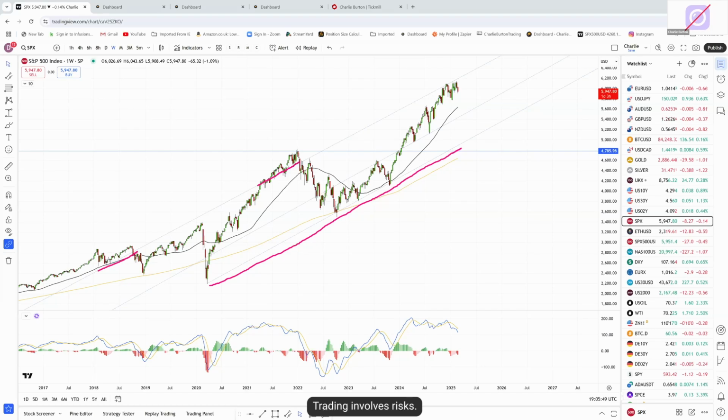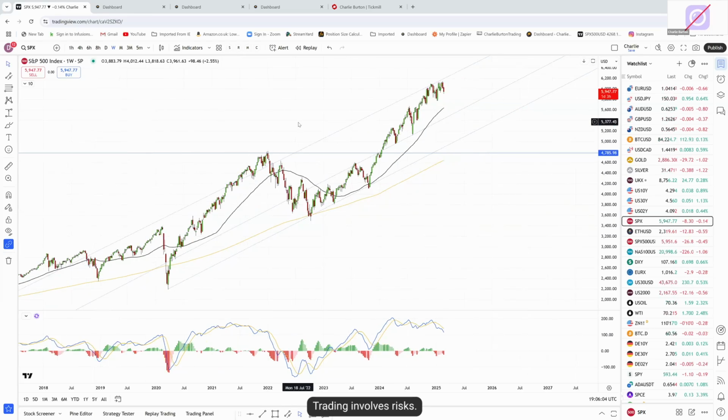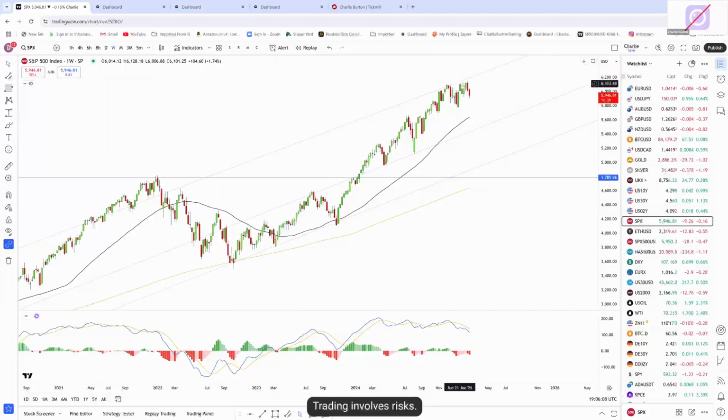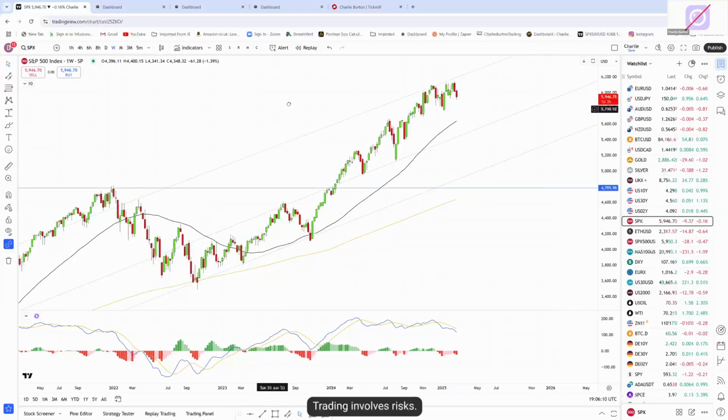It's gone the outside of it, bounced off it, come down, bounced back to it, then come off, and then it's come all the way back up to it, just into December of late last year, and just into January around the highs. So it's into, or has been into, that upper trend line there.